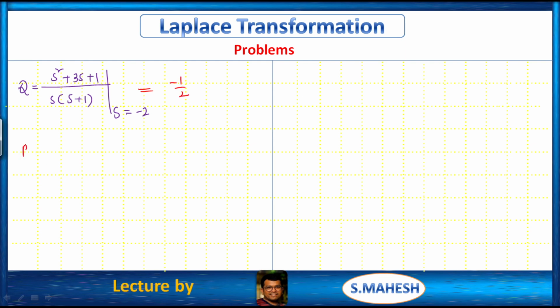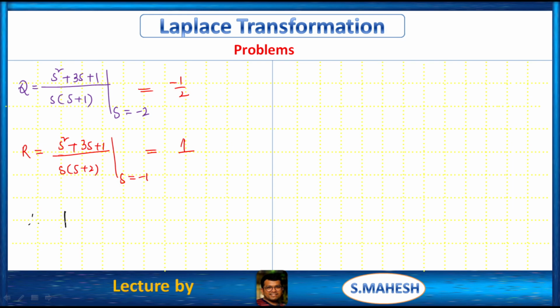R should be equal to s square plus 3s plus 1 by s into s plus 2 when s is equal to minus 1. Clear? When s is equal to minus 1, we have the value of r equal to 1.